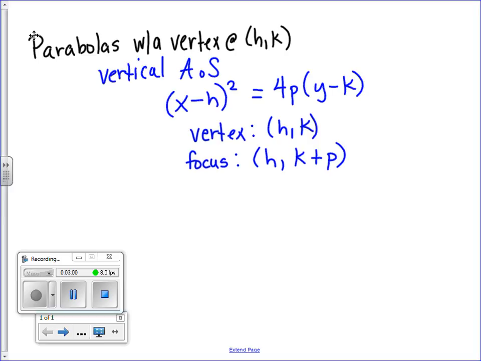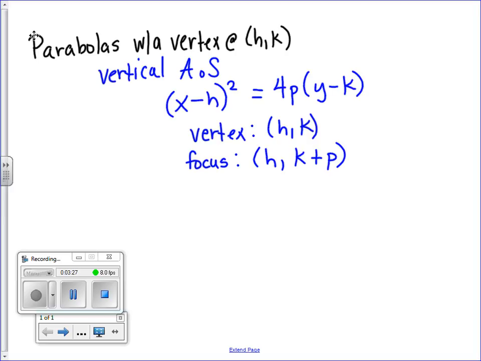At (0, p). Our vertex was sitting on (0, 0), and our focus was (0, p). So really the focus hasn't changed here. Today it's at (h, k plus p).